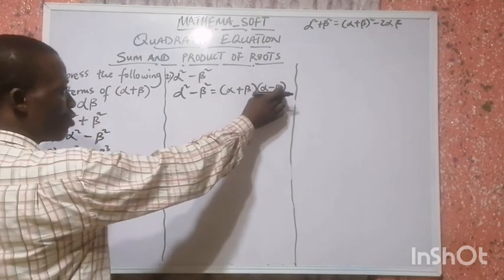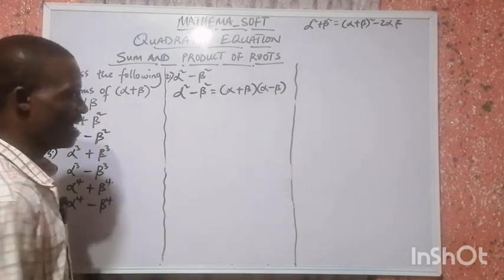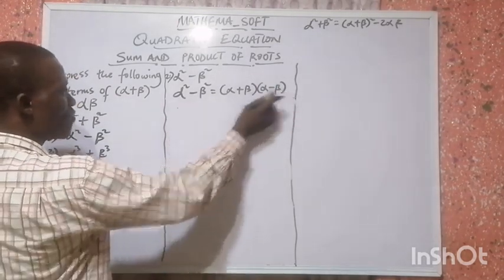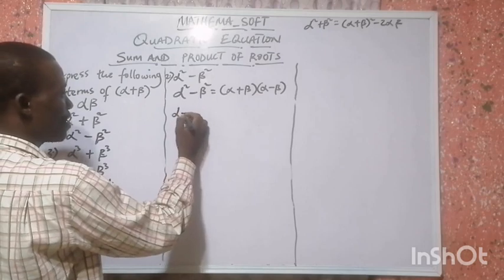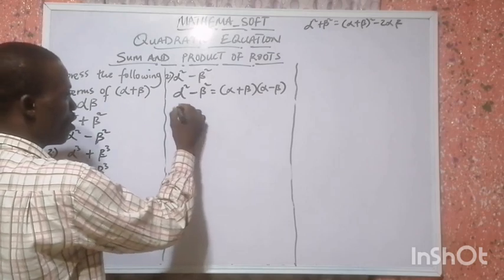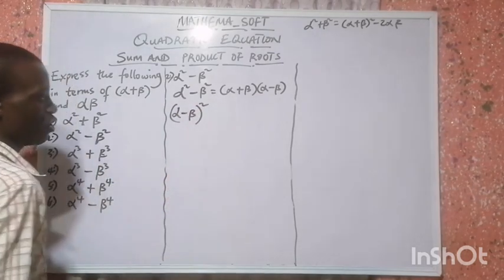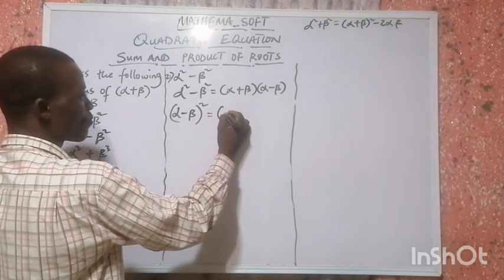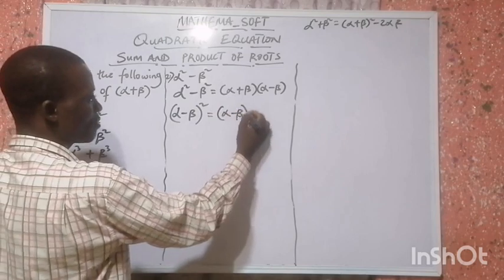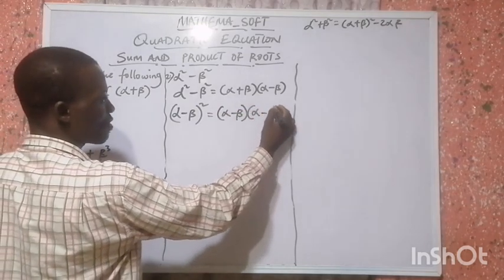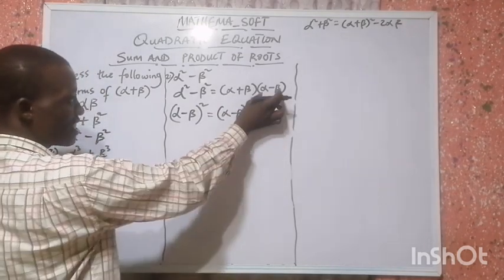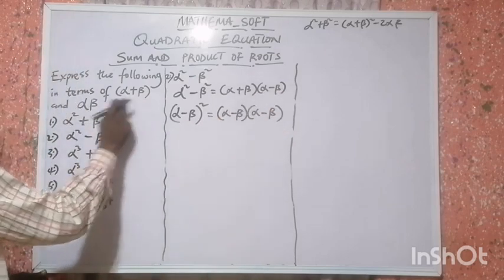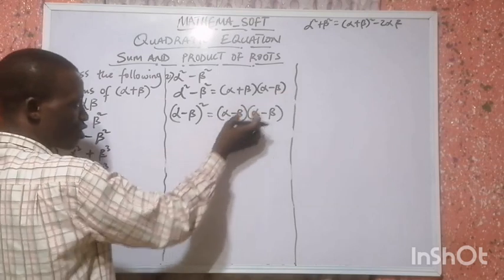So we have to expand alpha minus beta squared, such that everything will be in these terms. That is what we are about to do.